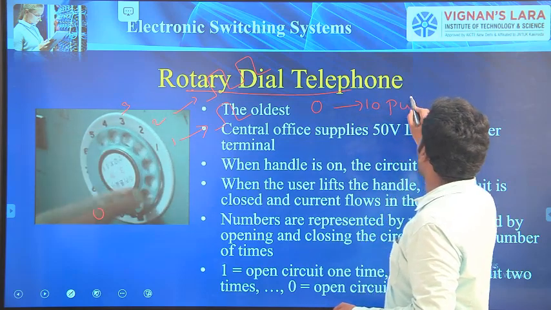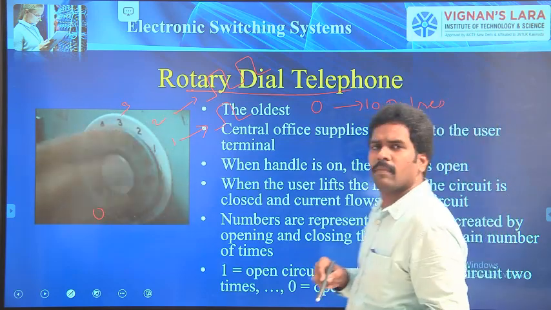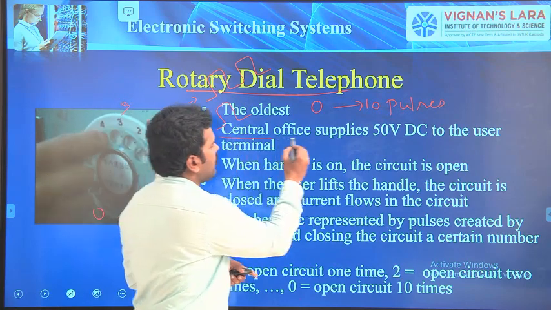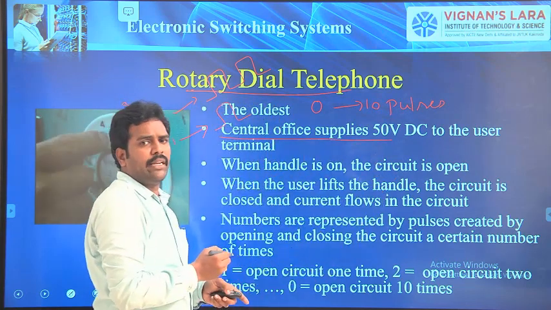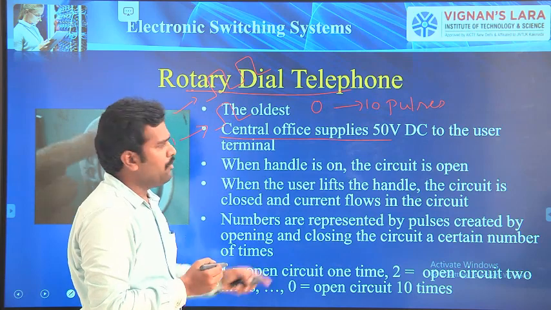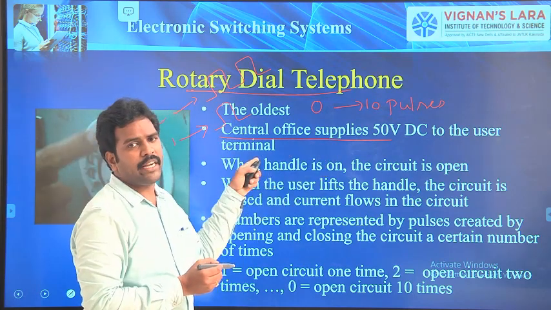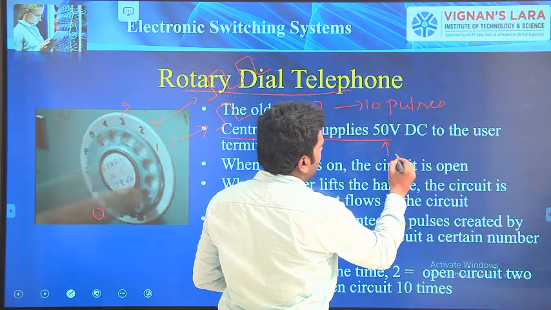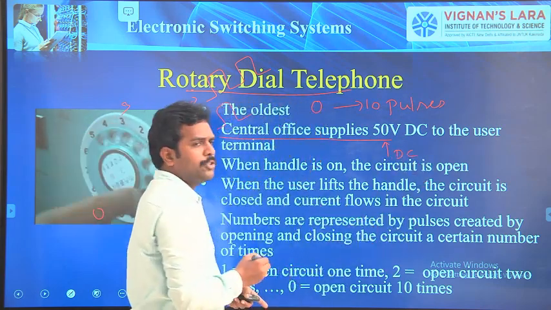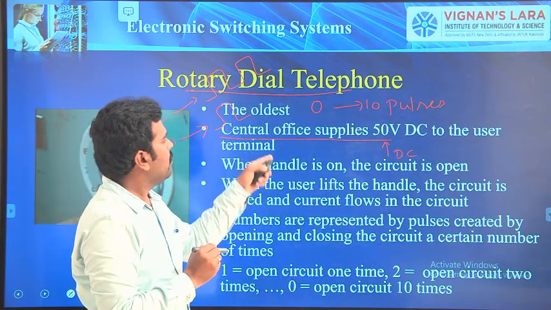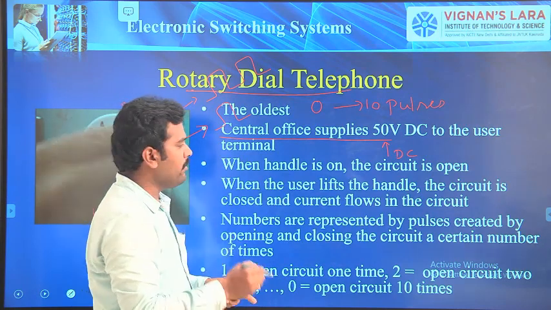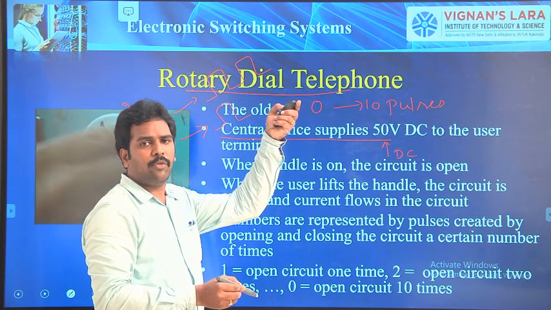So how are these pulses generated? For that, the telephone exchange should supply a battery source of 50 volts DC to the subscriber end. A DC of 50 volts is sent by the central office exchange to the subscriber whenever the person takes the telephone set off hook.